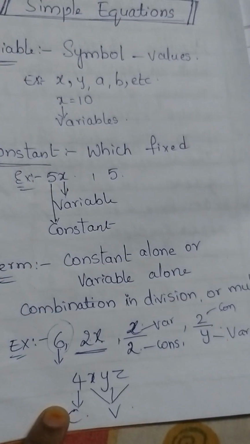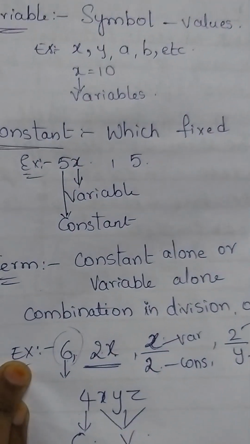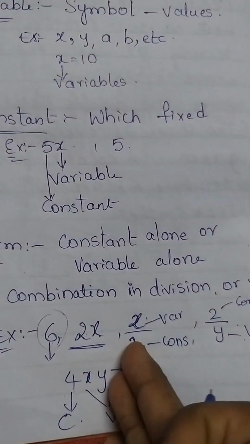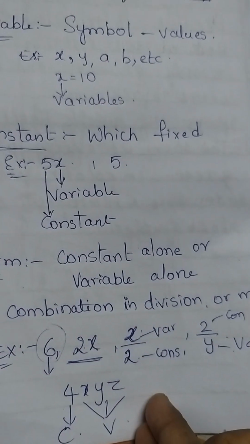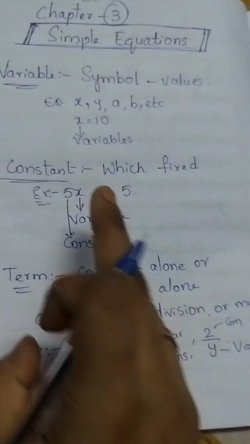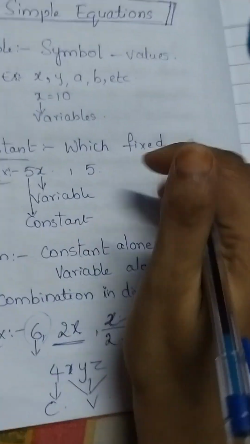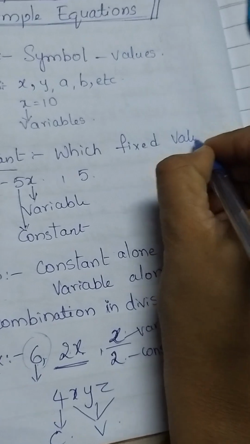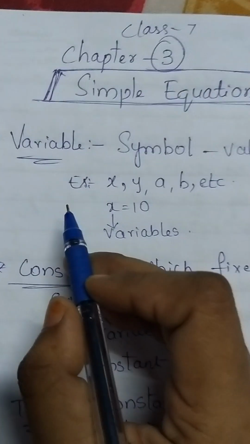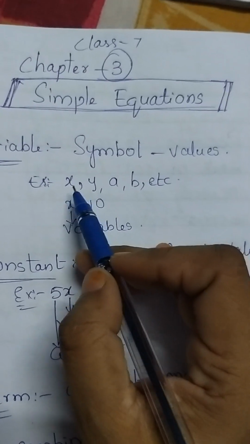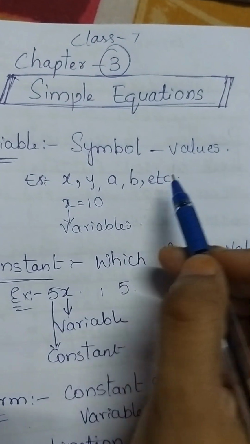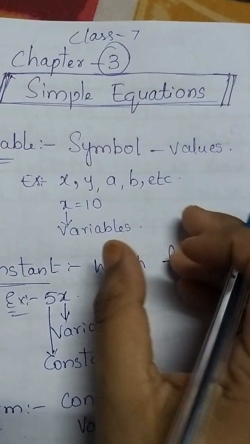Okay, a combination or alone, we write it as a term: a variable alone, or a combination of variable and constant, is called a term. And constant means a fixed value. And variable means a symbol which is denoted as x, y, a, b, c, any variable.